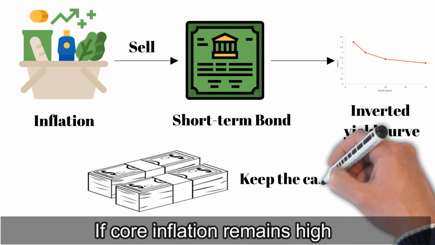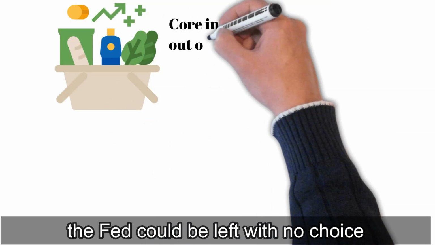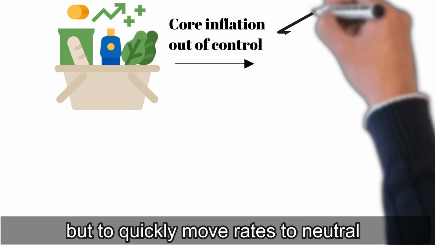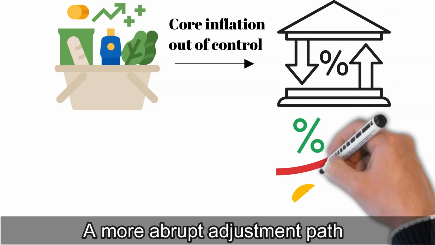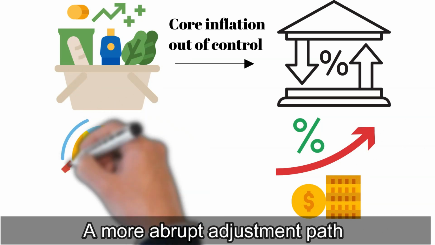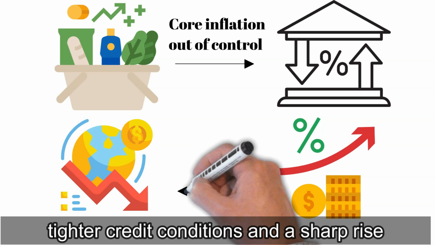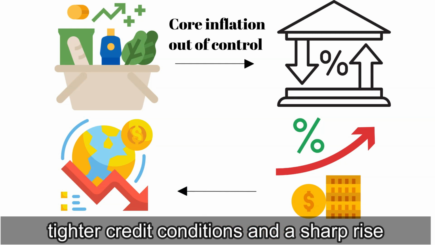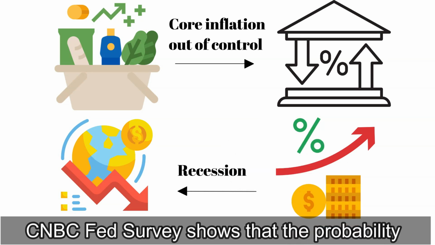If core inflation remains high and inflation expectations rise, the Fed could be left with no choice but to quickly move rates to neutral or restrictive levels. A more abrupt adjustment path could take a big toll on GDP, including through tighter credit conditions and a sharp rise in long-term US bond yields, which then lead to recession.